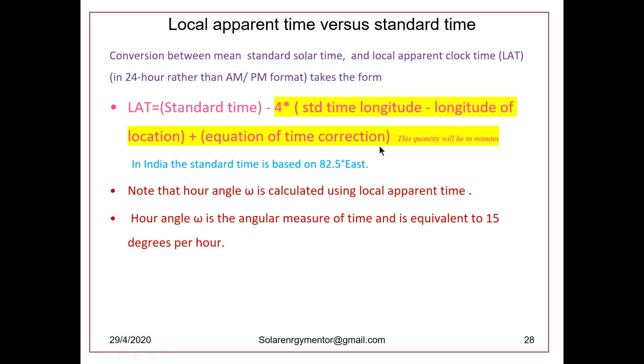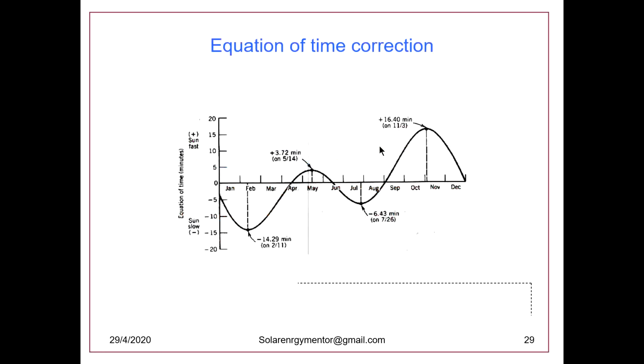This equation of time correction can be calculated or can be read from the chart here. Many books give the analytical expression to calculate the equation of time correction on a day basis, but here you can read it from the graph.